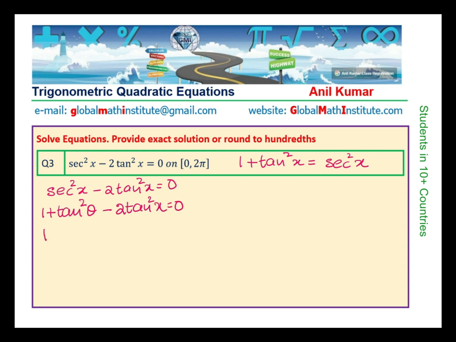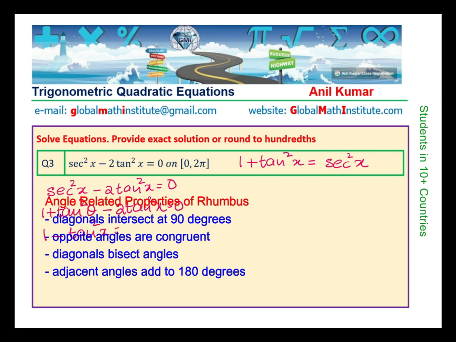So we are left with 1 minus tan square x equals 0, or tan square x is equal to 1, which means tan x equals plus minus square root of 1, which is plus minus 1. So in this case, we have 4 different values, for plus and minus 1.